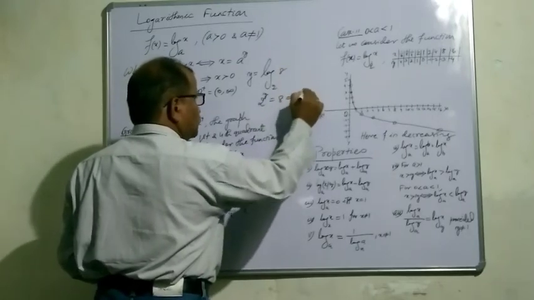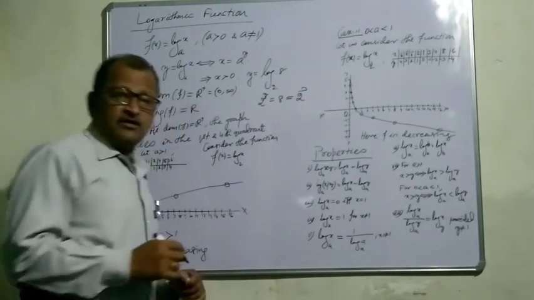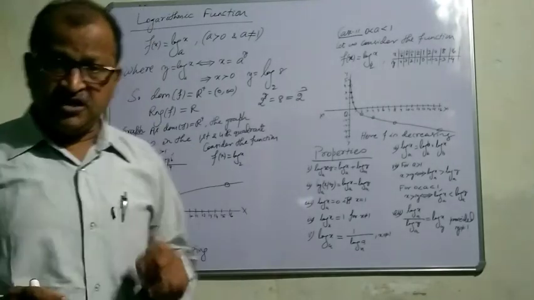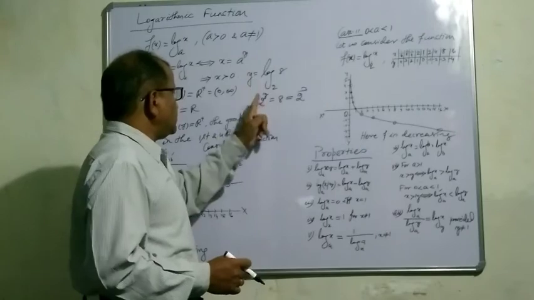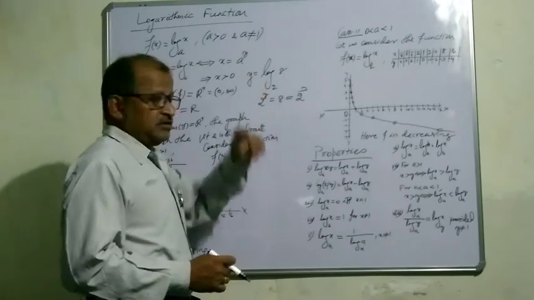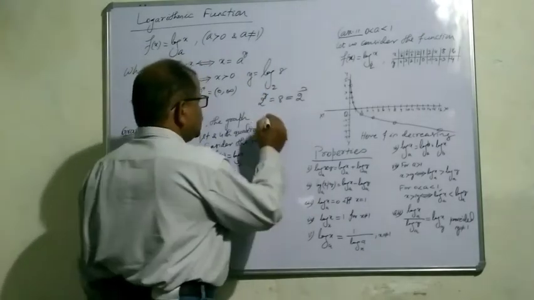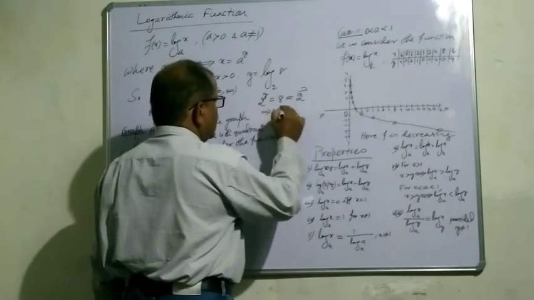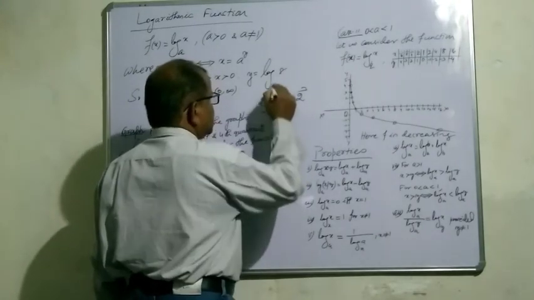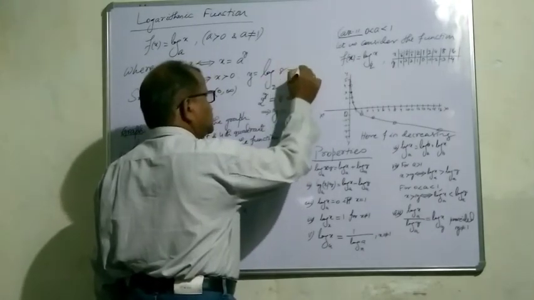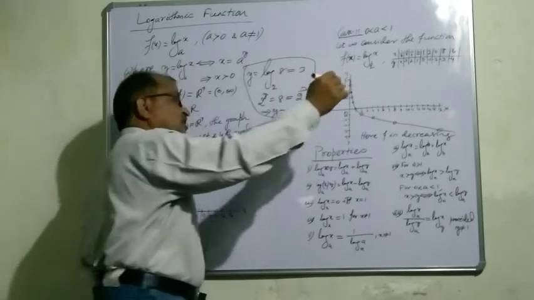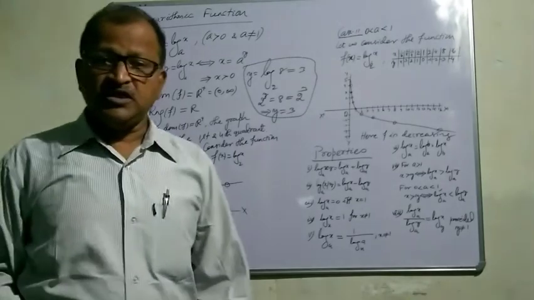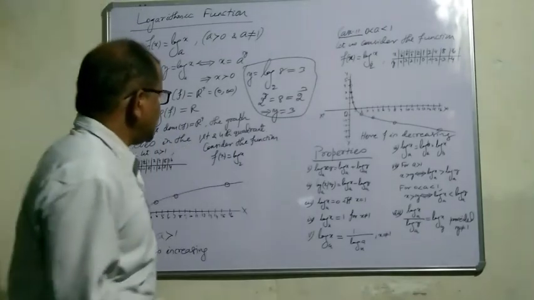But 8 is equal to 2 to the power 3. So the index of 2 is 3 here, and the index of 2 is y. So they are equal, which means y is equal to 3. That means log of 8 with base 2 is 3.